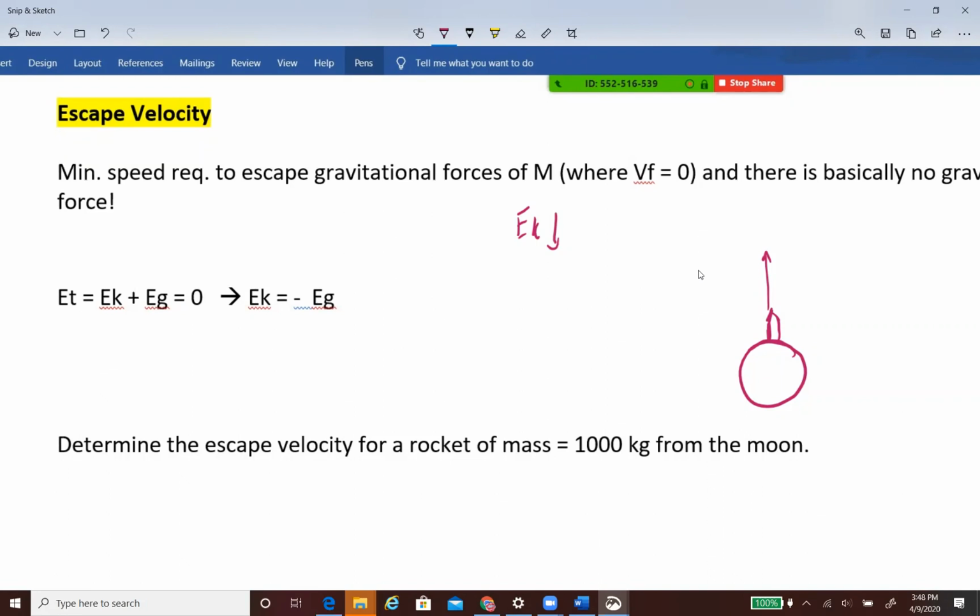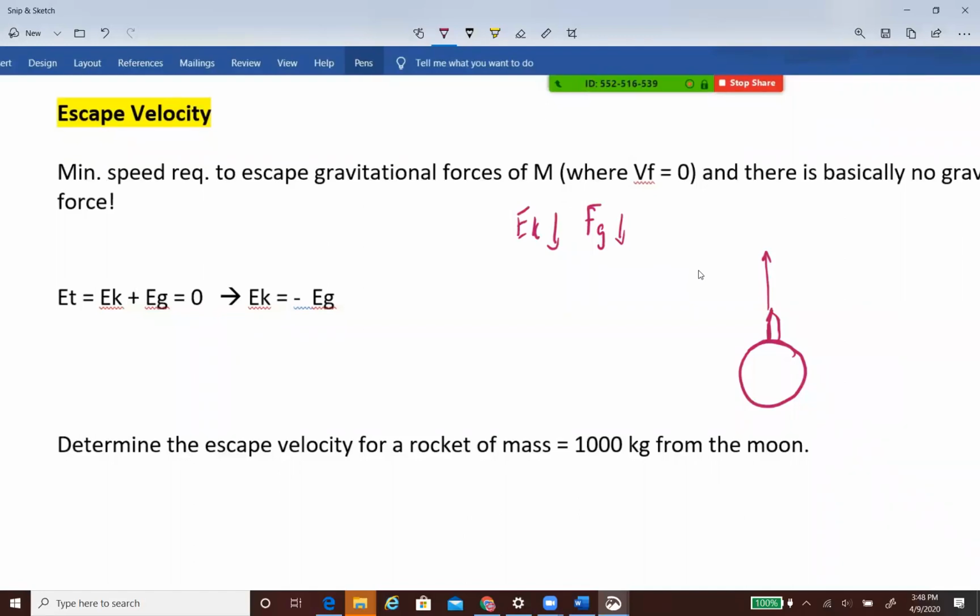Now, what's also happening is that as it's getting further and further away, the gravitational field, or the gravitational pull of the moon on the bullet, will decrease too. Or the effects of gravity will decrease.